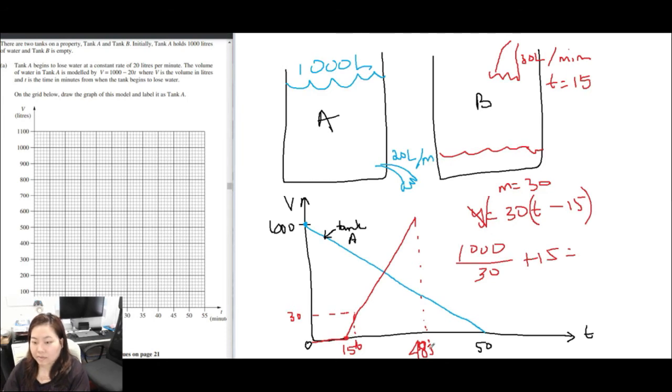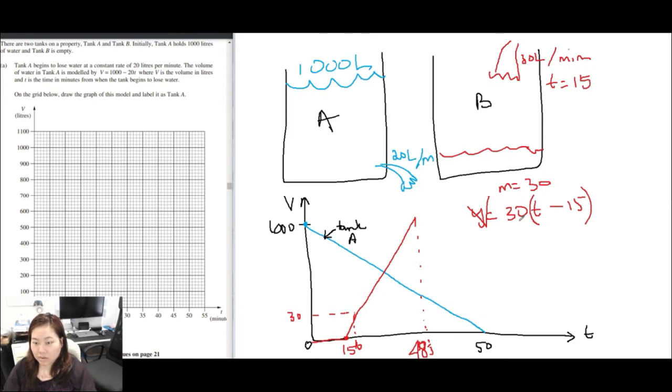So I had to add 15 on there. Yeah. So this should finish at 48 1/3 minutes to get to 1000 liters. Okay, I'm pretty happy with that. Finding out a mistake is always good.